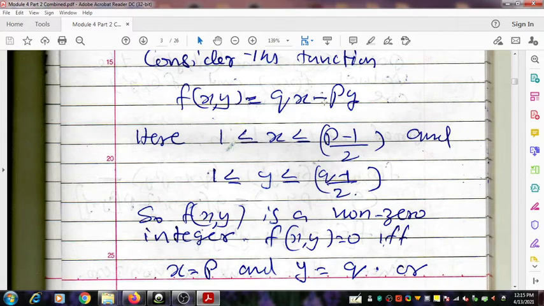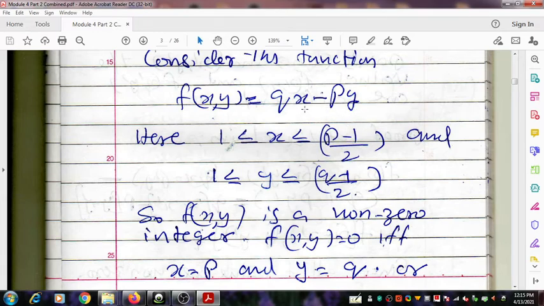Then you can write qx equal to py, right? By transferring minus py to the right side, you can write qx equal to py, and you can then make the ratio. What is then x by y? X by y will be equal to p by q, right? Then x by y equals p by q.